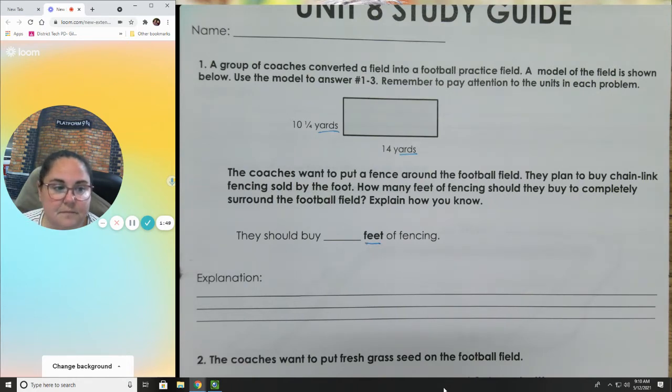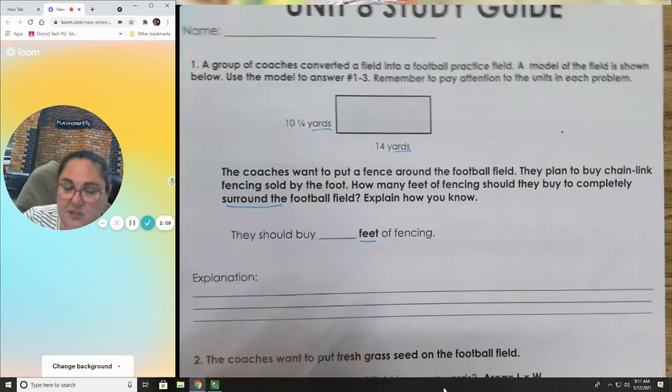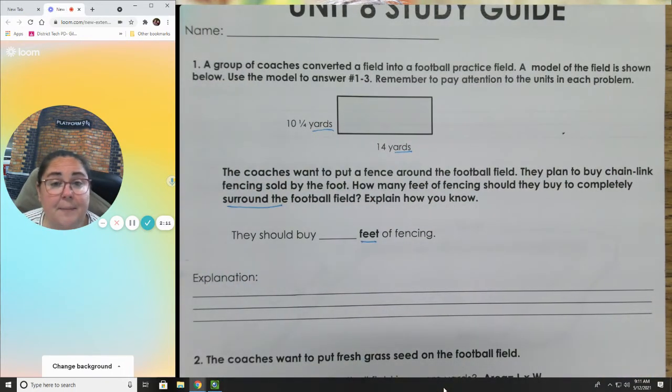Great. Okay, so it says the coaches want to put a fence around the football field. They plan to buy a chain link fence sold by the foot. How many feet of fencing should they buy to completely surround the field? So to surround the field means to go around, which means I'm trying to find the perimeter.